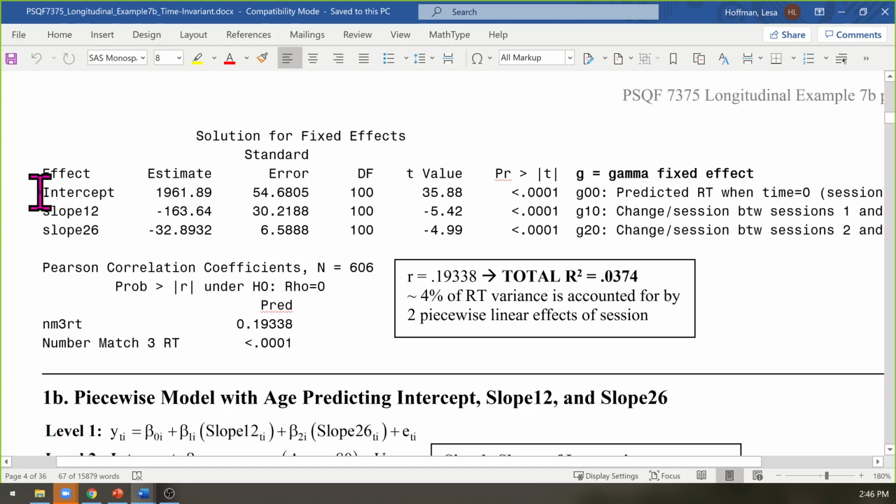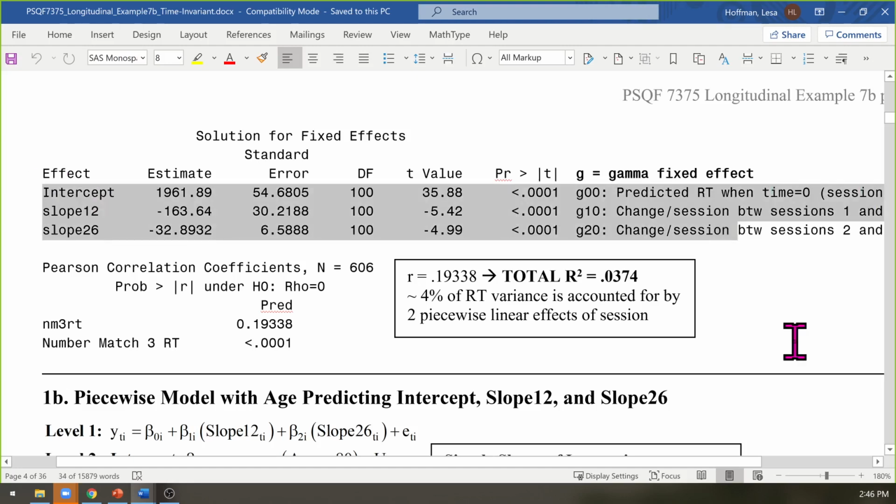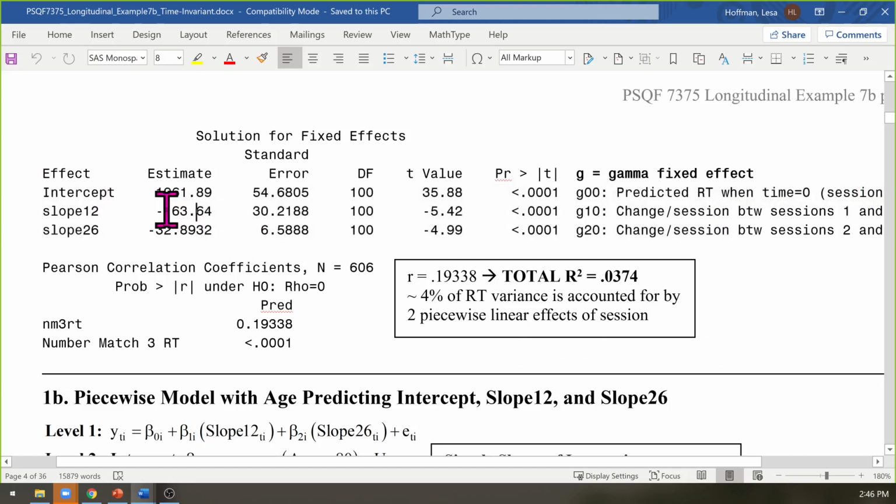So at this point, the model predicts the same growth curve on average for everybody. People are predicted to start out at 1962 milliseconds to do this task at the first occasion. And I know it's the first occasion because of the way that I coded the slopes, because they're zeroed out when it's session equals 1.